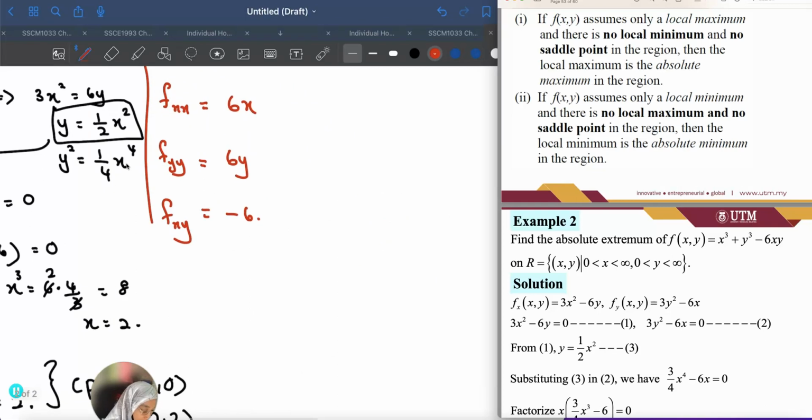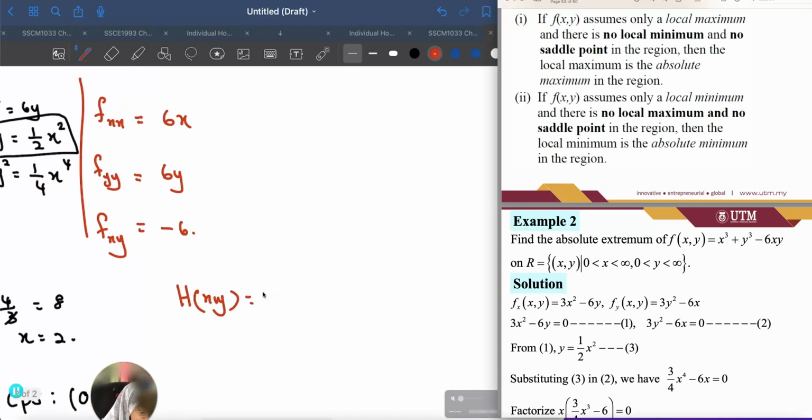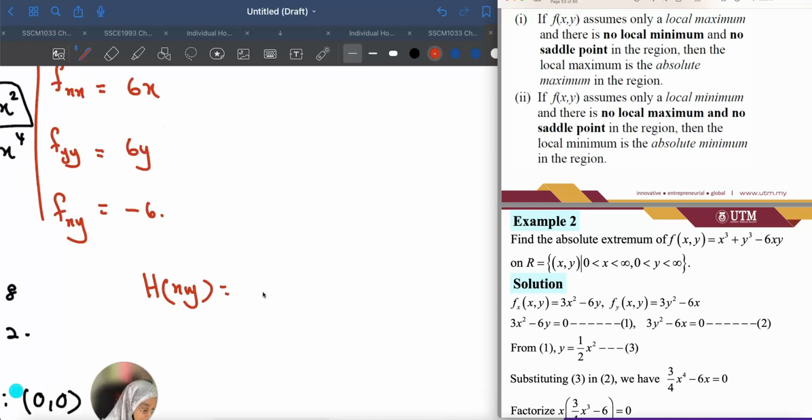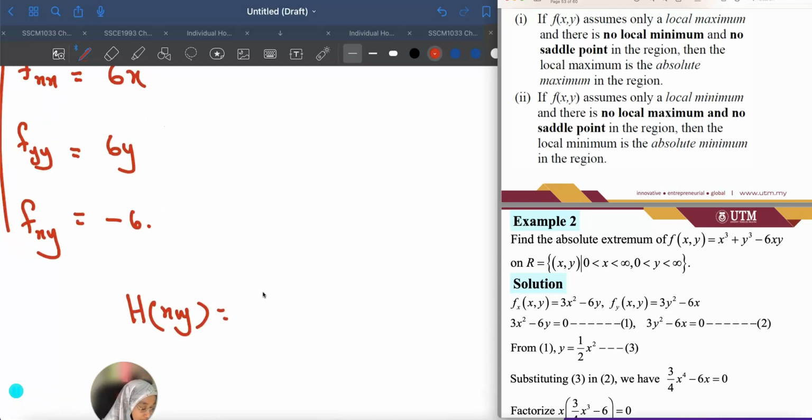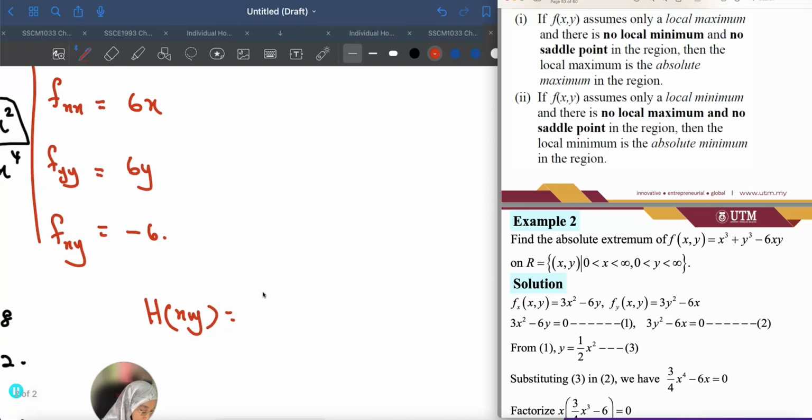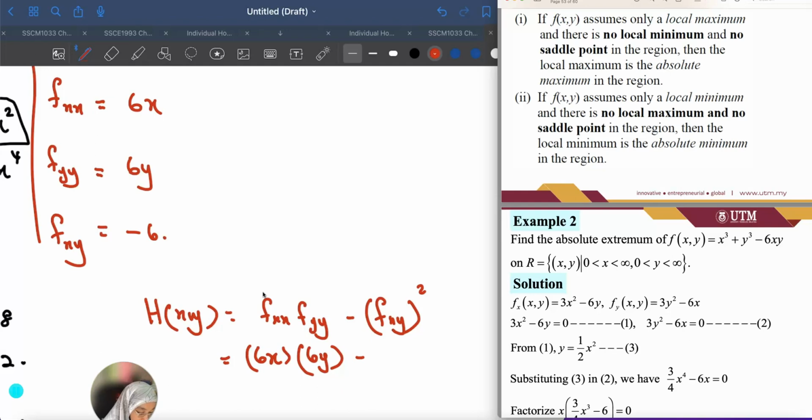Okay, and then your Hessian matrix. Sometimes they use G, sometimes they use H, it doesn't matter, as long as you know that it is the Hessian matrix determinant. The formula is fxx fyy minus fxy squared. fxx is 6x, fyy is 6y, and fxy is negative 6, squared.